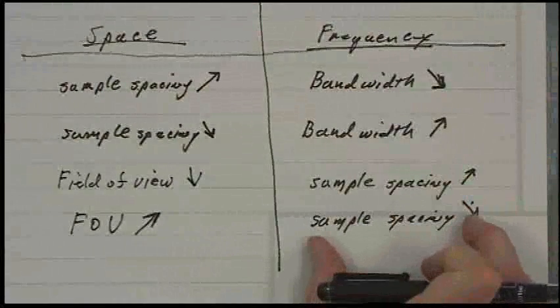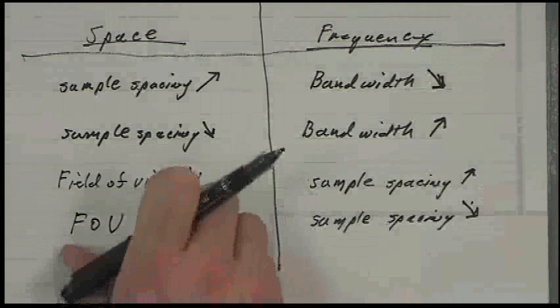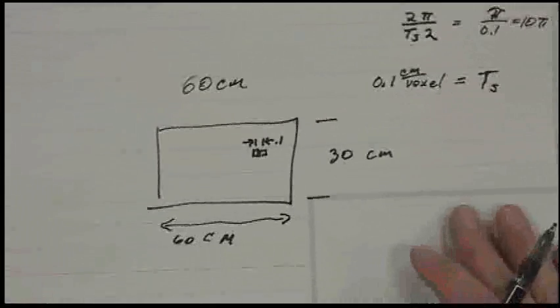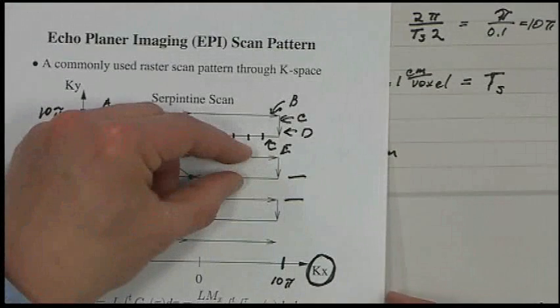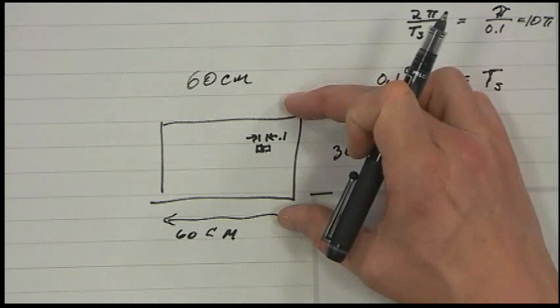So, as the sample spacing in frequency becomes finer, you can represent a larger field of view. So this spacing of samples in frequency is going to relate to the field of view of the object.